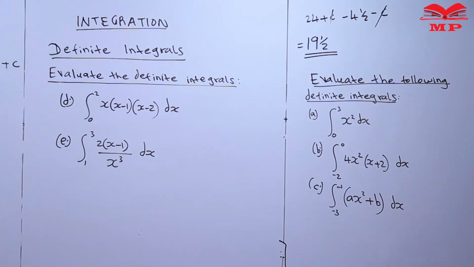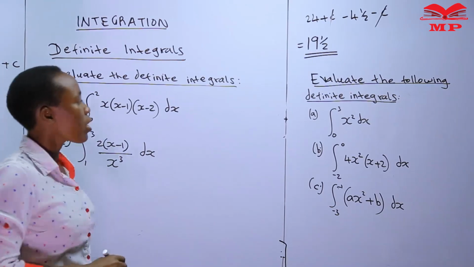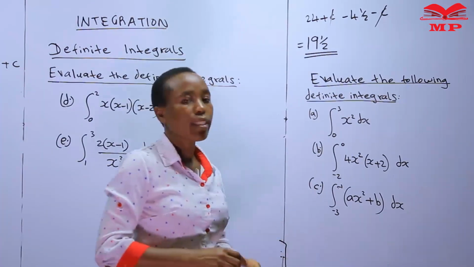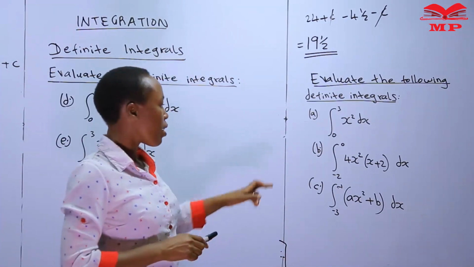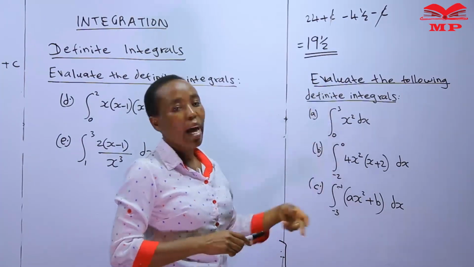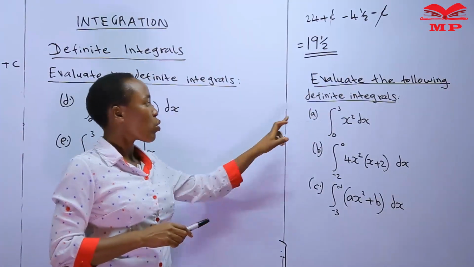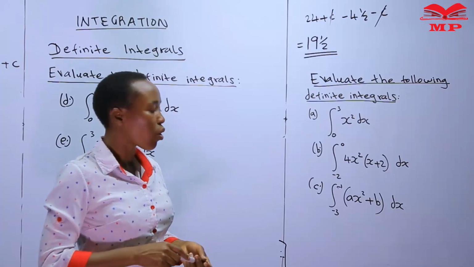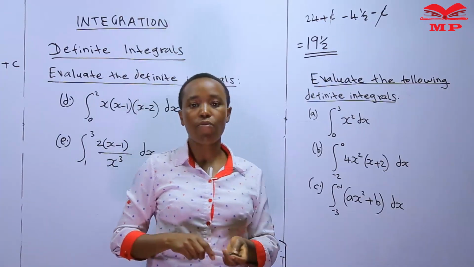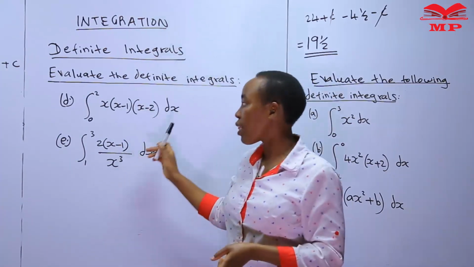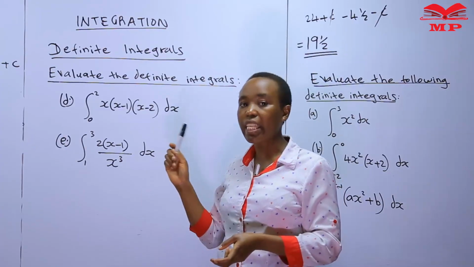So ensure that you evaluate the following definite integrals, and we have seen that for definite integrals there are limits. The lower and the upper, and when you solve any definite integral you get an exact value. So make the difference between this and the indefinite.